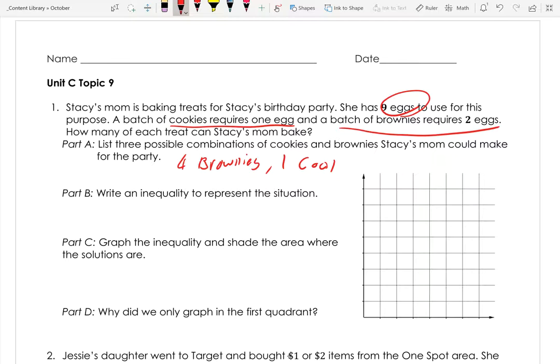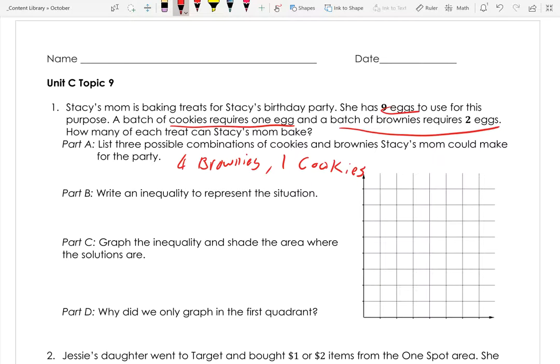This is 4 batches of brownies, 1 of cookies, because brownies require 2 eggs each. So 4 batches of brownies, 2 eggs each would be 8 eggs. And then 1 batch of cookies requires 1 egg. And she has 9 eggs in total. So this is worth 8 eggs, this worth 1 egg. So there's one possibility.